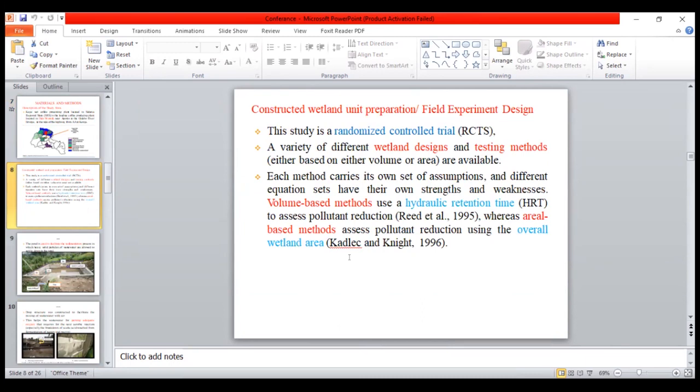This study is a randomized controlled trial. As you know, there is a variety of wetland design and testing methods. The first one is volume-based and the other is areal-based. We constructed this wetland based on the areal-based method.